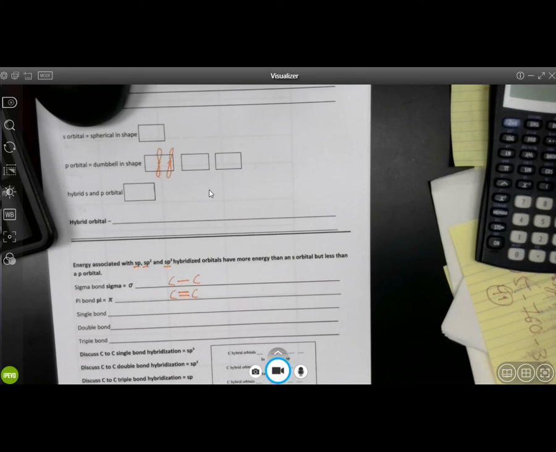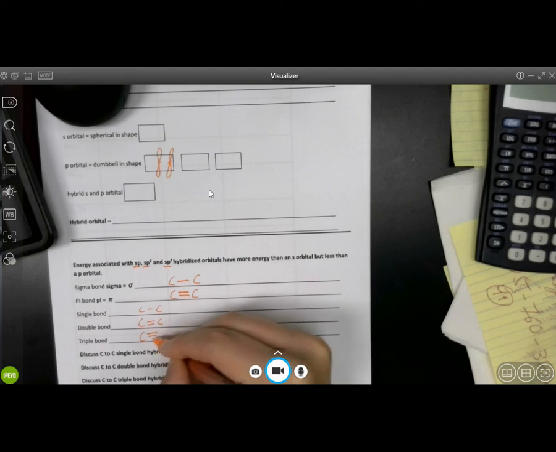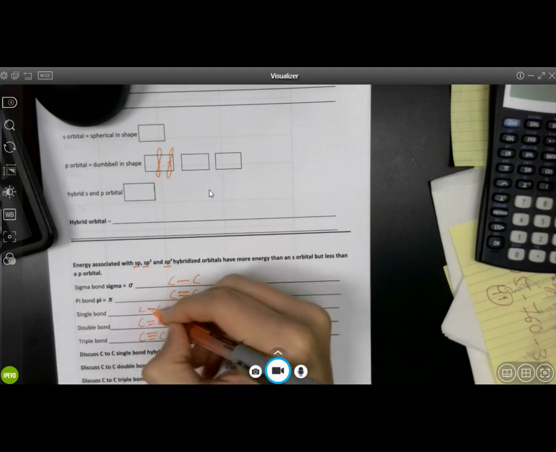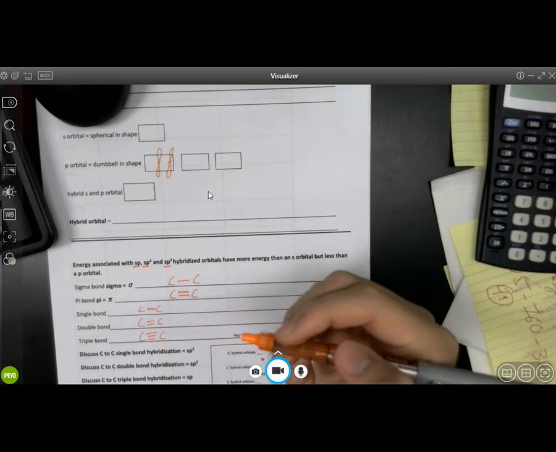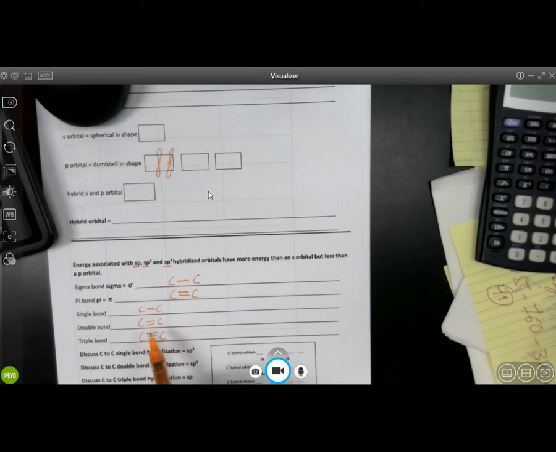So I have one sigma bond and one pi bond present there. If I have a carbon-carbon single bond, a carbon-carbon double bond, and a carbon-carbon triple bond, the carbon-carbon single bond would be a single sigma bond. The carbon-carbon double bond would be one sigma bond and one pi bond. The carbon-carbon triple bond would be 1 sigma bond and 2 pi bonds.